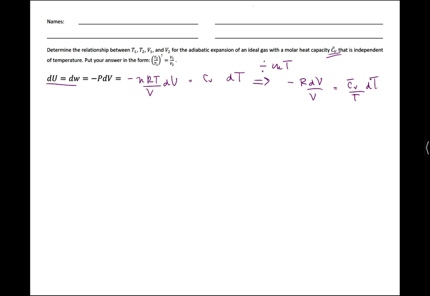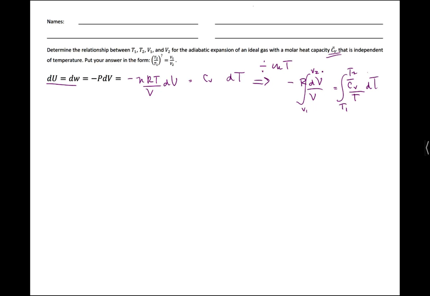Right? Now I have something that I can integrate. So R is a constant, so I can choose to put R in front of the integral, and then CV is independent of temperature. We can pull that out front. Well, we'll pull it out in front later. So it'll be T1 to T2, V1 to V2.